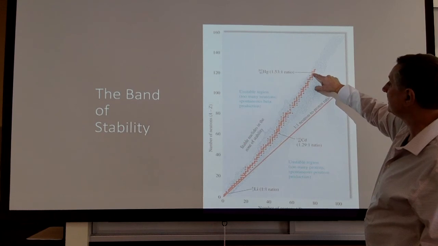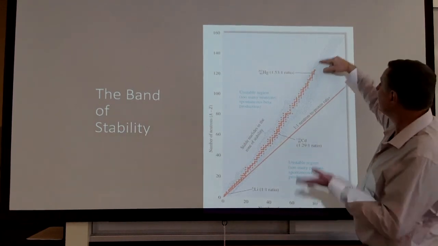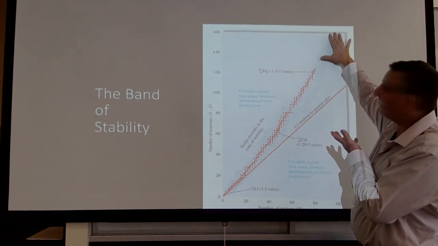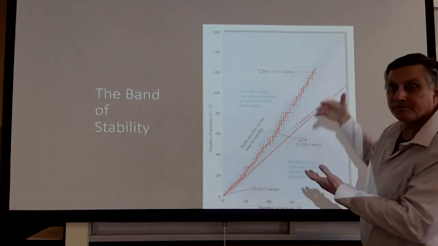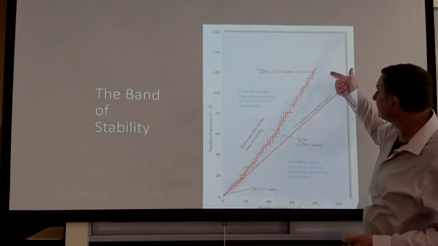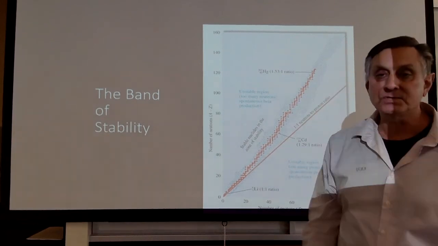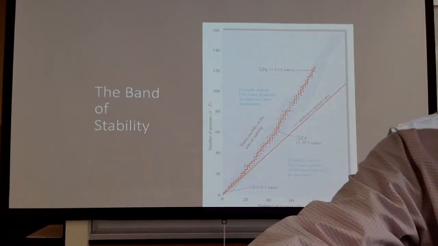This is mercury-202 right up in here. Once you reach a certain point, anything beyond that is unstable. These gray dots are isotopes that exist, but they're not happy. They're trying to decay into one of these isotopes represented by a red dot.